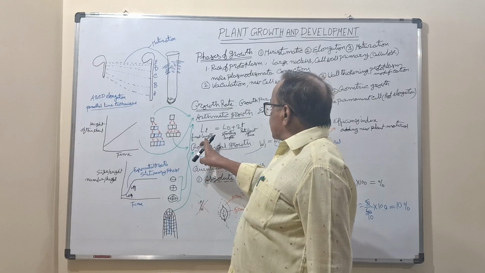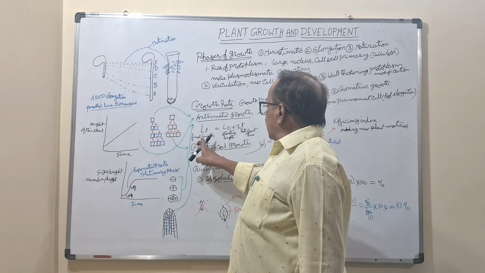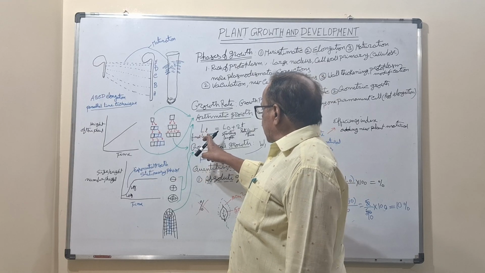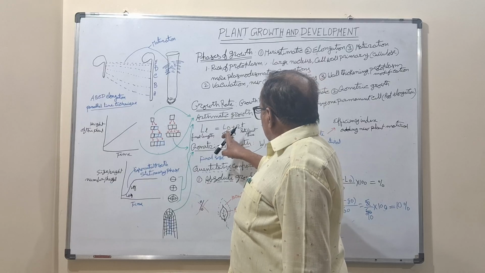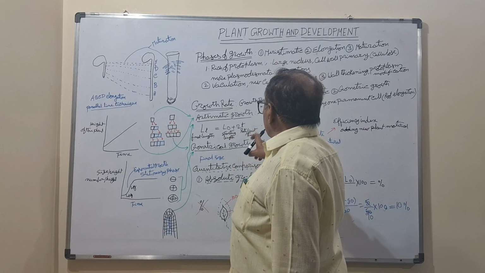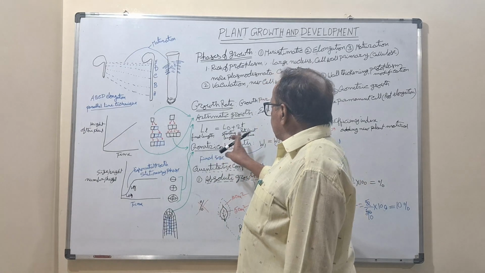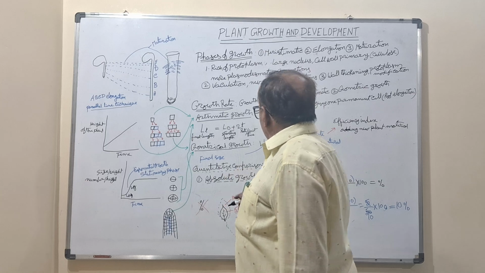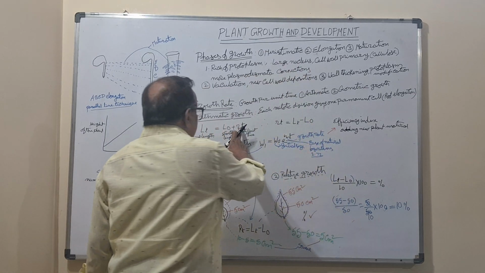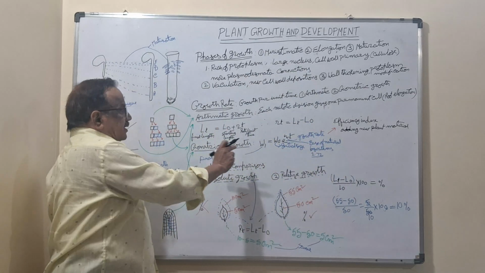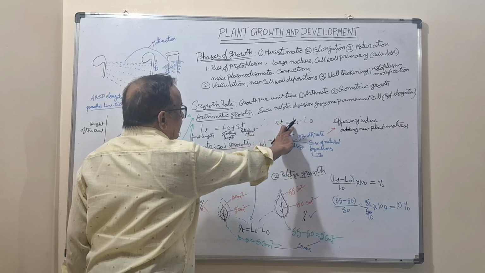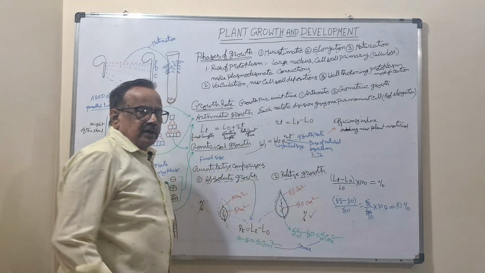So here, the final length, L_t, is equal to the starting length plus the rate by the unit time. Those are the things. You can ask anything. And when you are calculating the rate, it will be L_t minus L0. Remember this.